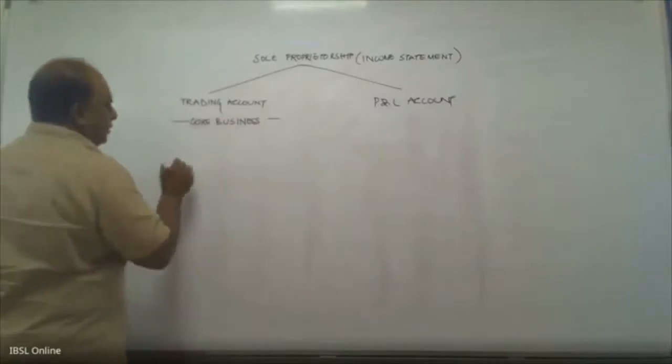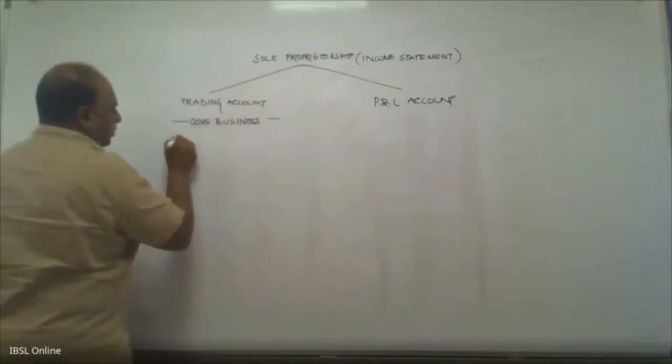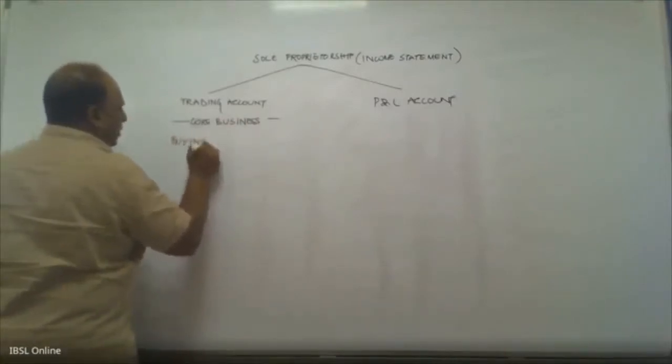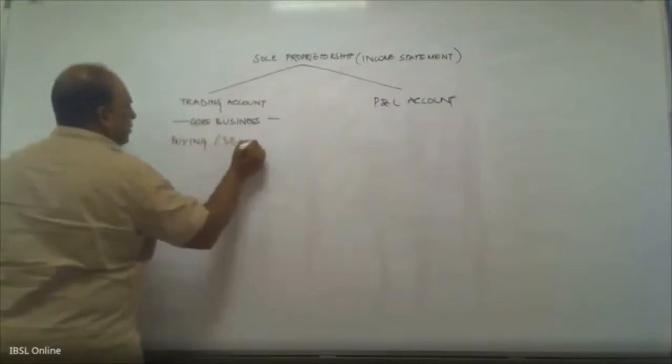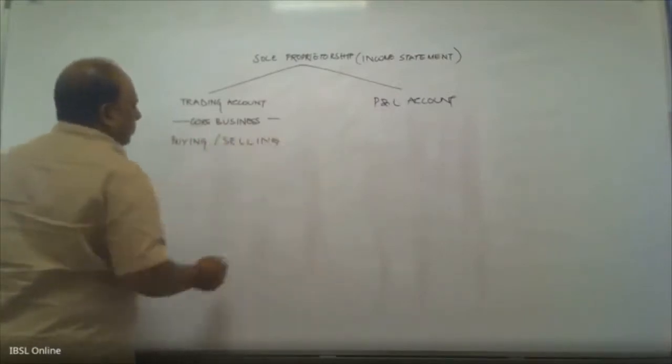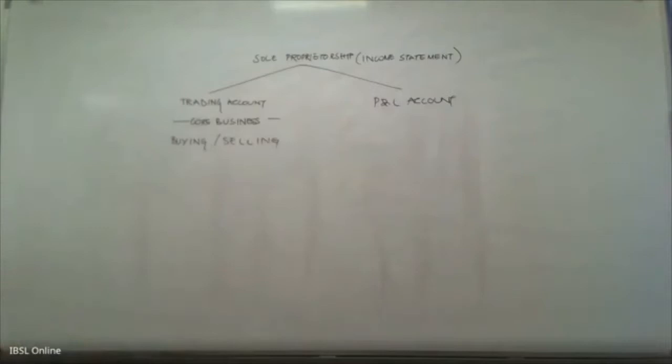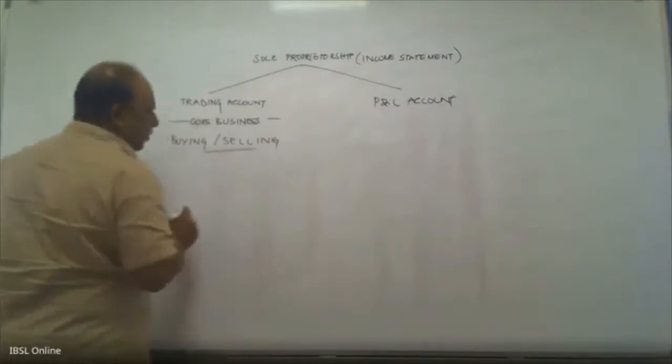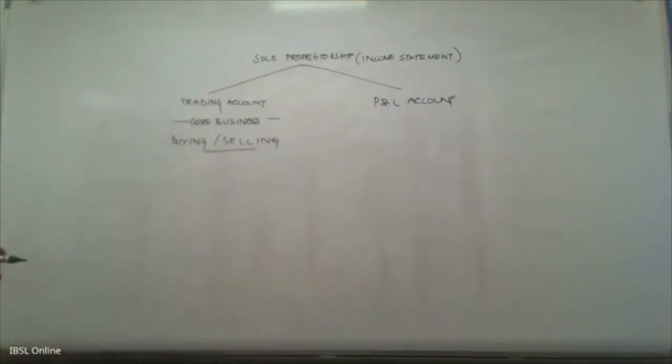What is that? Buying and selling, or manufacturing and selling. It could be anything. So, what are the underlying points? Now, you have already learned books of prime entry.